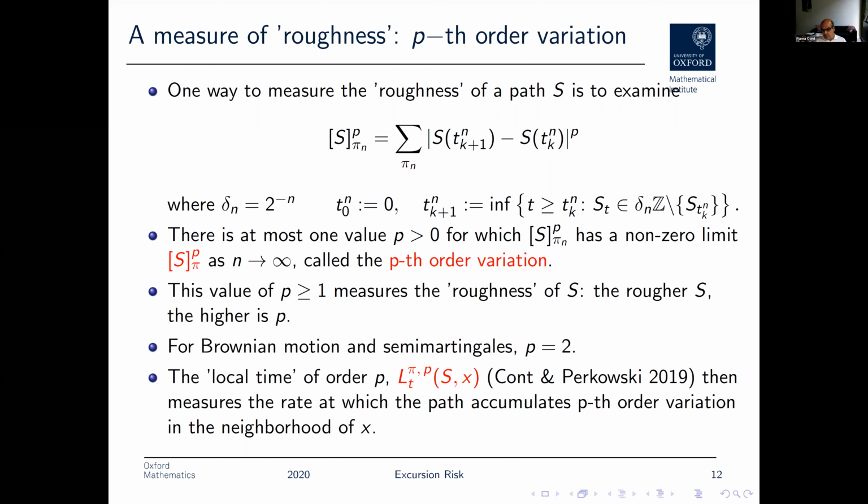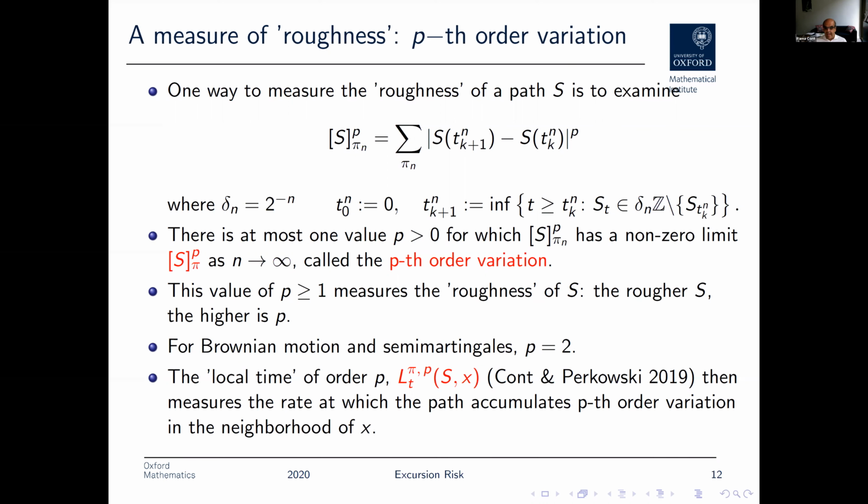But we will show examples of processes, and this is well known to people who have been doing rough volatility models and so on, that you can have financial signals for which p is different from 2. So the higher the p, the rougher the signal.